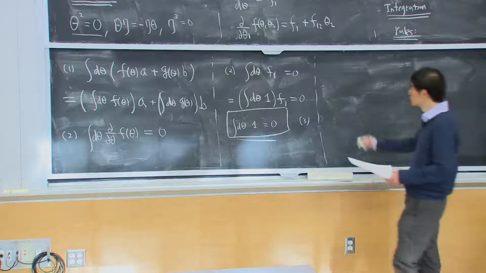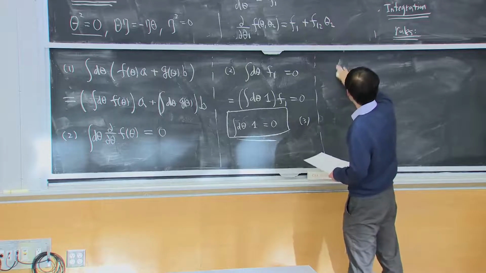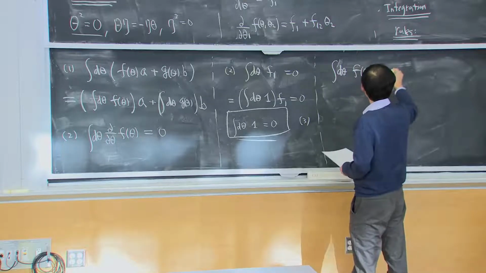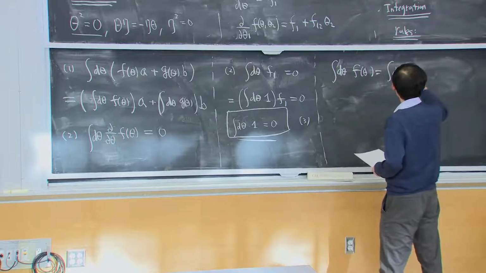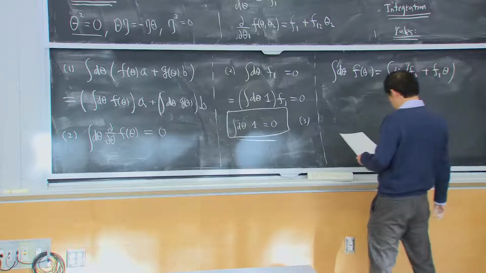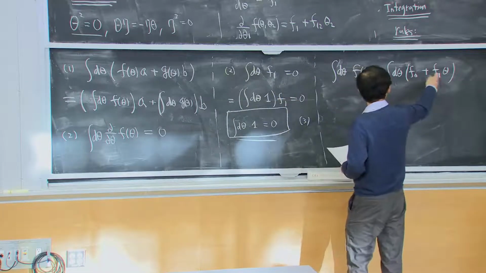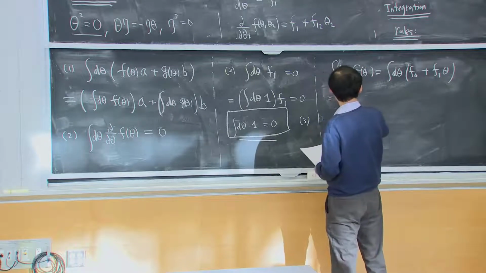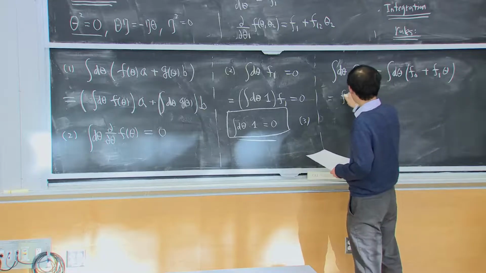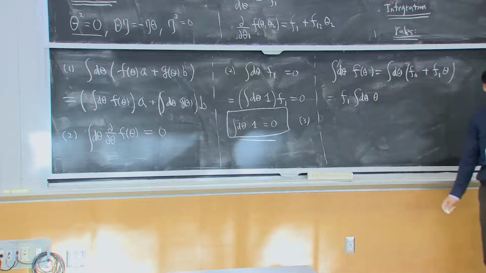Now remember that f theta is equal to f0 plus f1 theta. So the integral d theta f theta is equal to the integral d theta of f0 plus f1 theta. Using property 1, you can take the constant outside, and this term is 0, so you just get f1 times the integral of theta d theta.